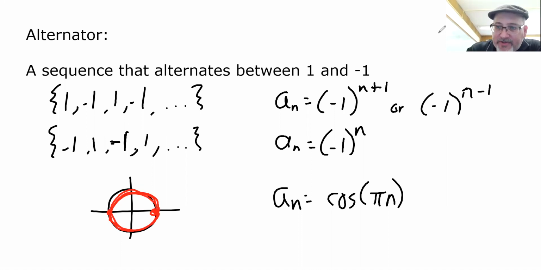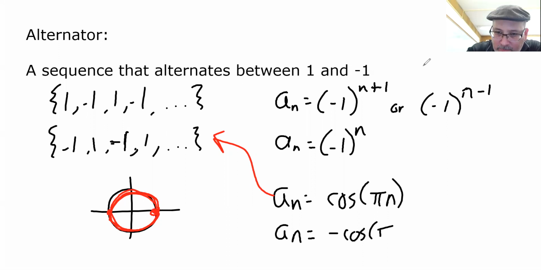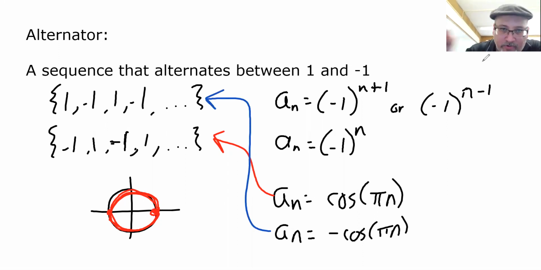Now, as is, this starts out with negative 1. If you wanted it to start out with positive 1, then you would just need to change its beginning by throwing a negative on it. There are other ways to do it, but that would be an alternator that would generate alternating signs starting with positive 1.